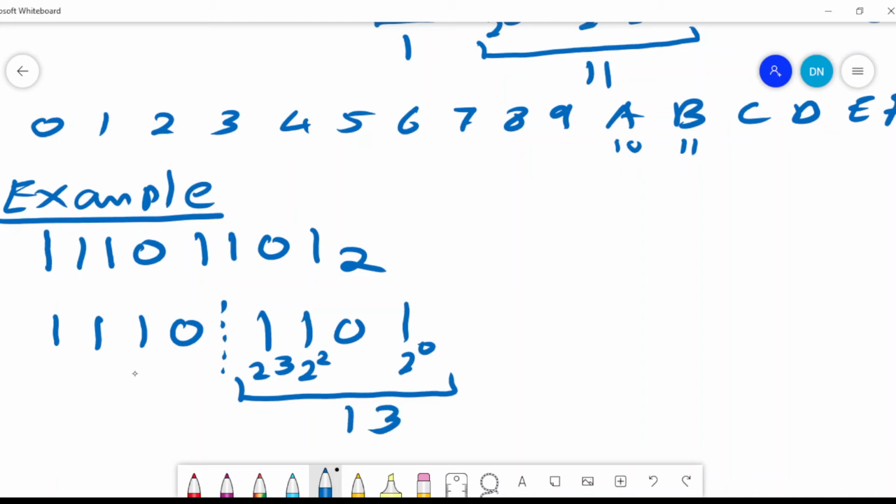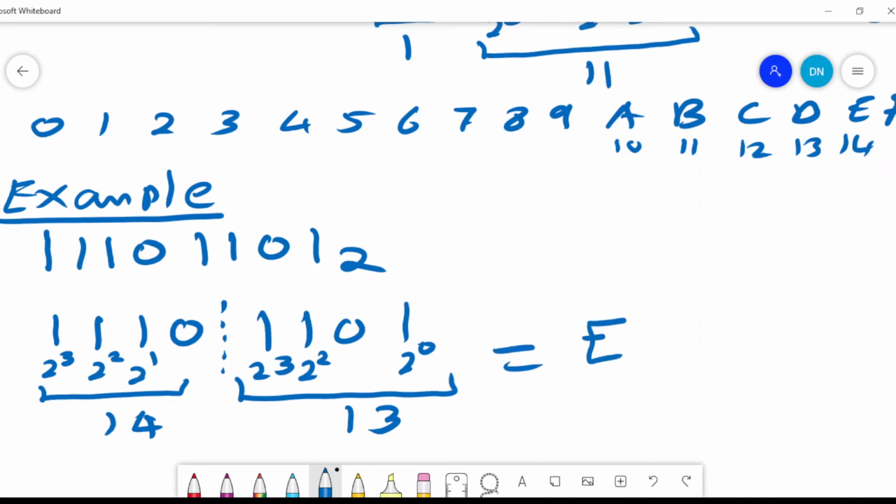That is 13. And this is 2 to power 0, 2 to power 1, 2 to power 2, 2 to power 3, 8, 10. This is 14. And if you look keenly, 12, 13, 14. 14 is E and 13 is D. So the hexadecimal equivalent of that is ED to base 16.